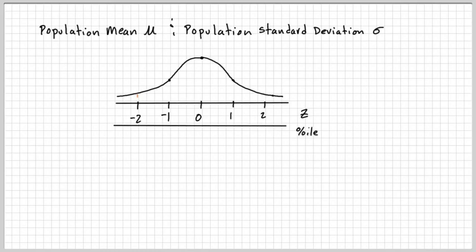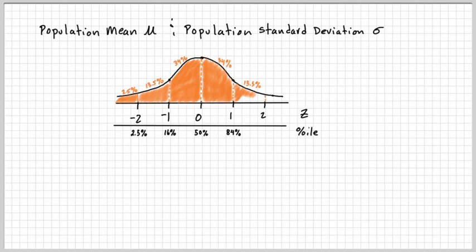All right, let's talk about how population mean and the population standard deviation is connected to this whole idea of percentile and also the idea of the empirical rule. So here I'm shading kind of like a template, you might say. So all this orange piece is 100%. Now you'll see that down here I have a random variable of x.